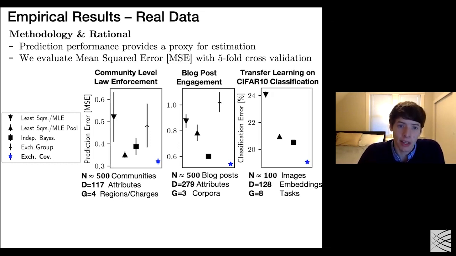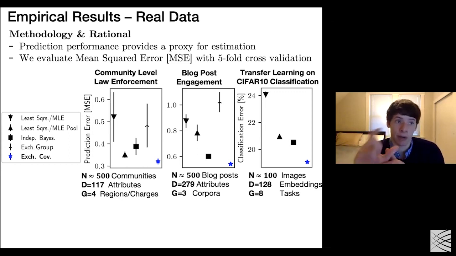And then finally, even farther afield, we looked at an application to transfer learning with image classification. In another piece that I haven't talked about at all, we've extended this to do logistic regression for classification as well, where we still have a generalized linear model.